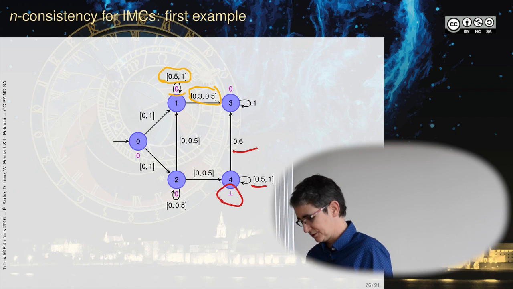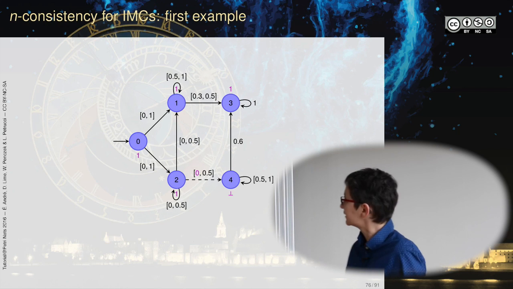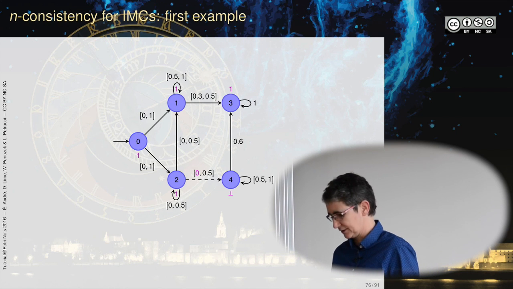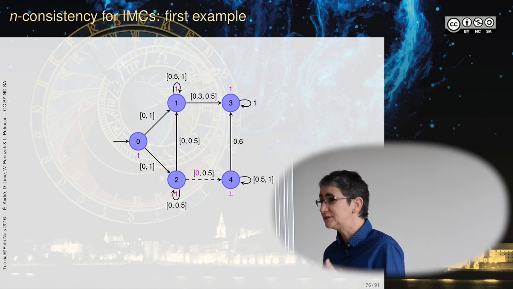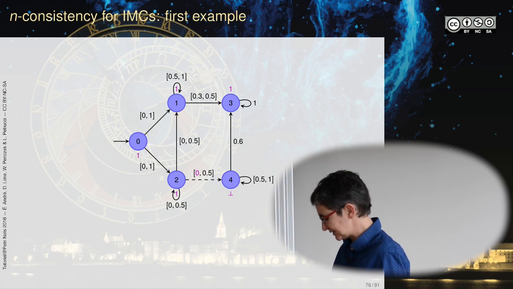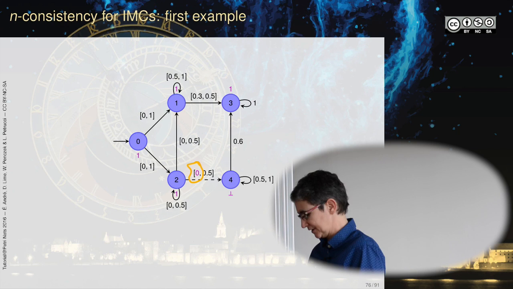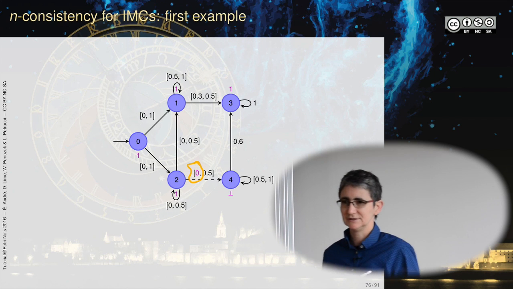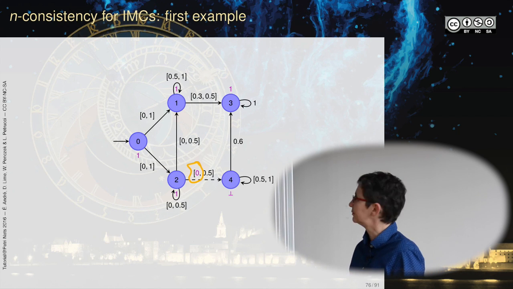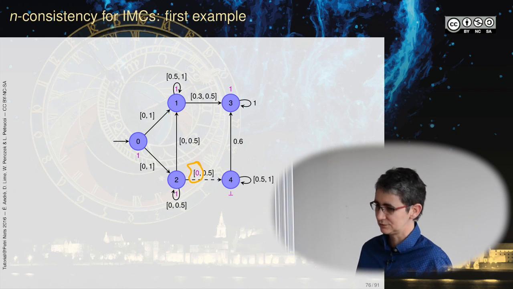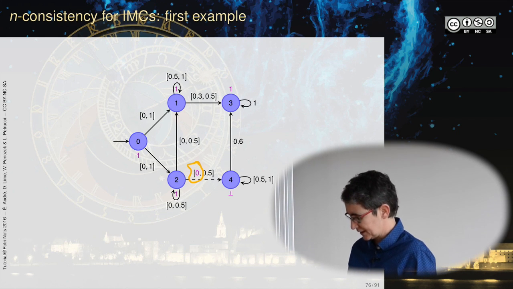Now, if we want to check one consistency, here we know that 4 was not zero consistent, so we'll try to avoid getting to 4. And this is possible because here we have 0 in the interval. So we can choose the probability 0 from state 2 to state 4.